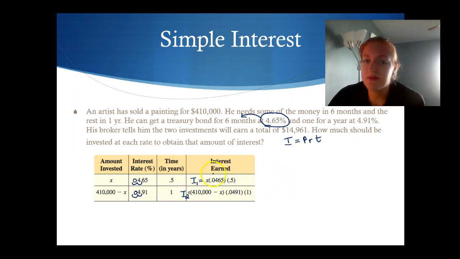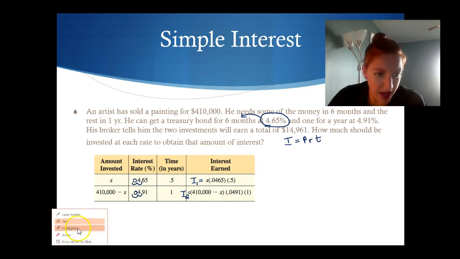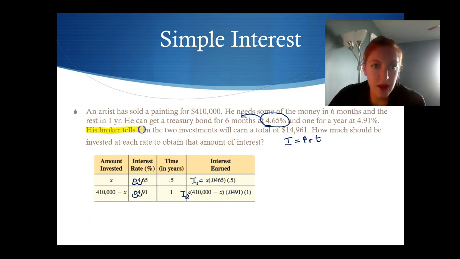Now, you have two interests. Well, what do you know about these two interests? Go back to the problem. Well, the problem says his broker tells him the two investments will earn a total of $14,961.